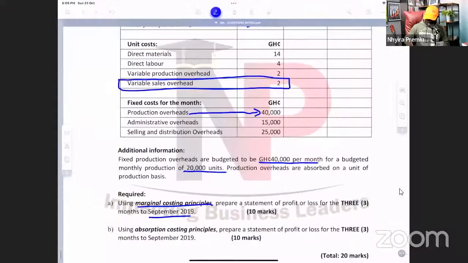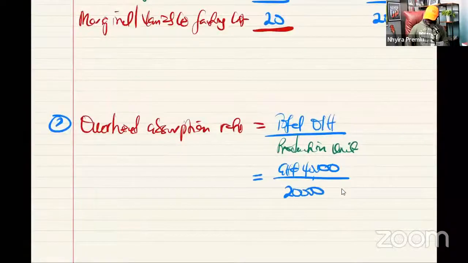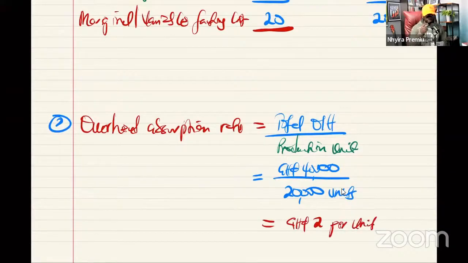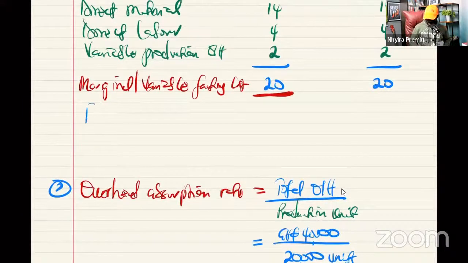And by that, we are producing 20,000 units. So our overhead absorption rate per unit is going to be 2 Ghana cedi per unit. Hence, that will come here as fixed overheads.